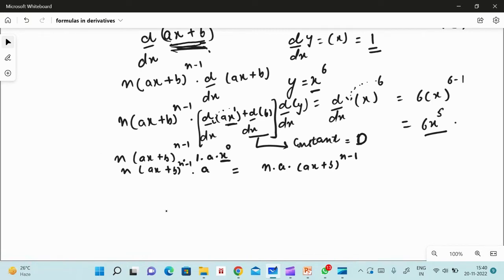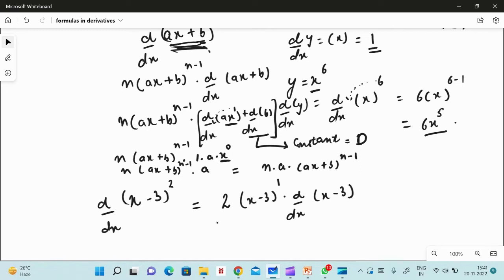Let me explain this formula with the help of one example, right? Let's say x minus 3 whole square. Okay, so in this case, if I have to take the derivative of this, first of all, what I will do is 2 into x minus 3 power 1 into the derivative of x minus 3.